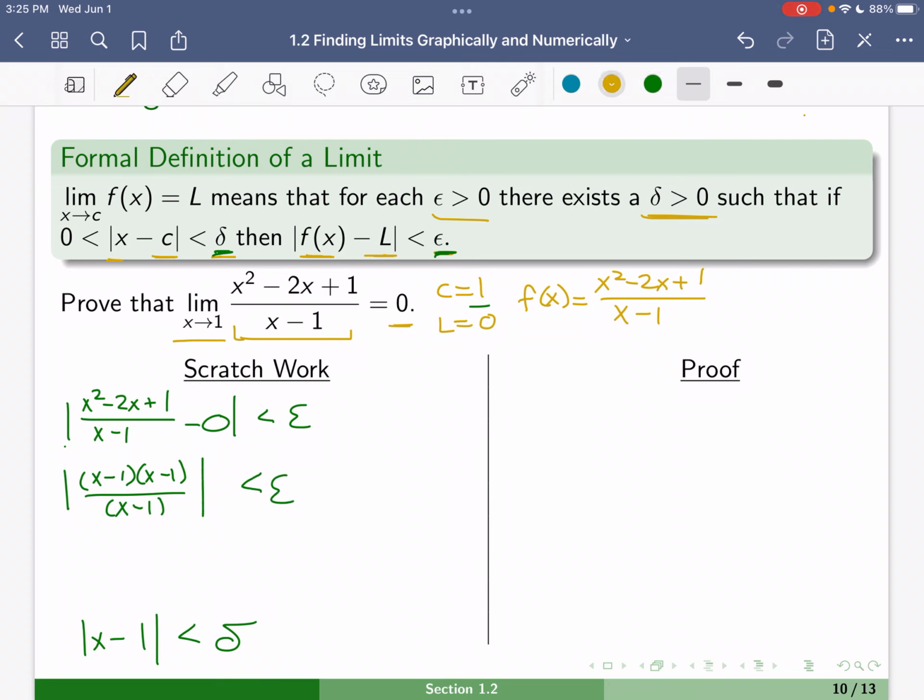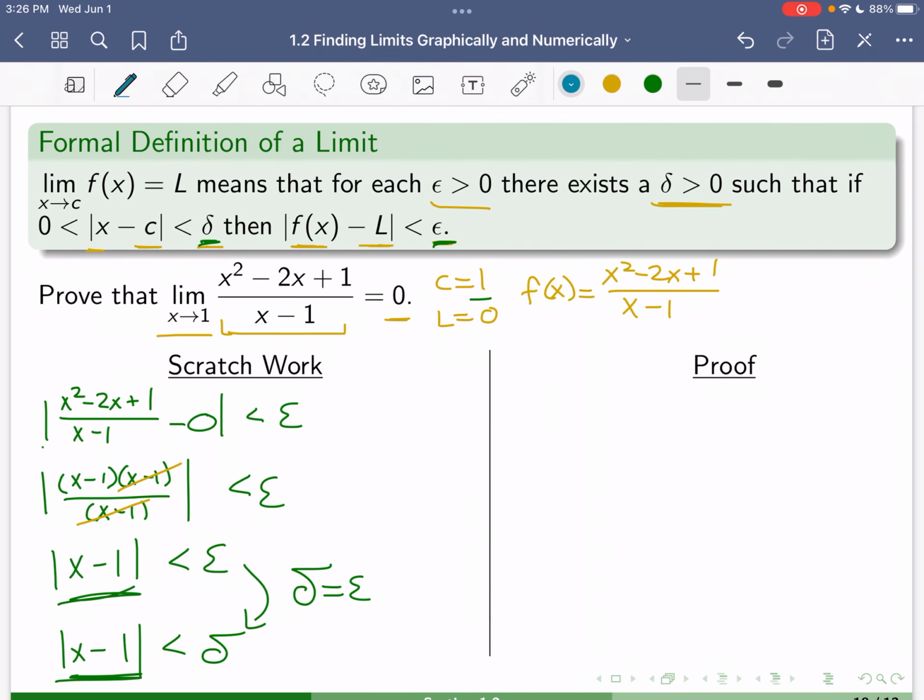One of those x minus 1s will cancel. So we have the absolute value of x minus 1 is less than epsilon. And so here, this left-hand side is exactly what we're targeting. And so we are going to choose delta to be equal to epsilon. All right, so that's not the proof. That's just the work, the observation we need to make in the background before we do the proof.